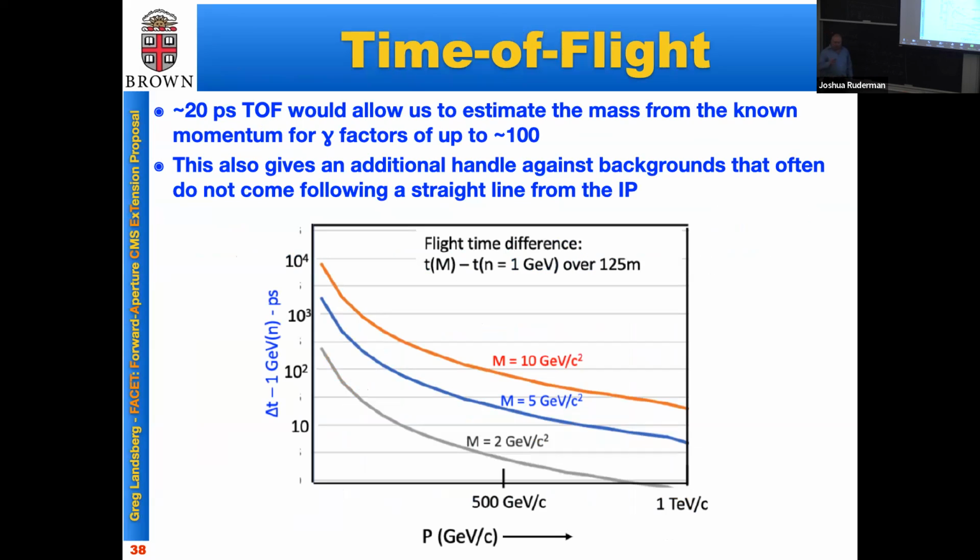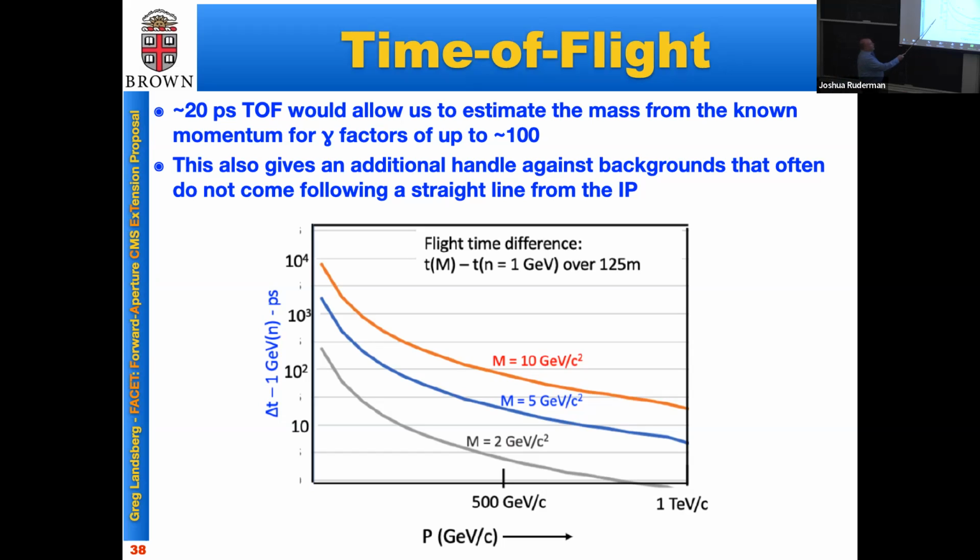And we haven't really used the time of flight for the studies I showed you, but we could use it as an additional handle. We could actually see that particles come from the IP and not from the shielding or secondary production.